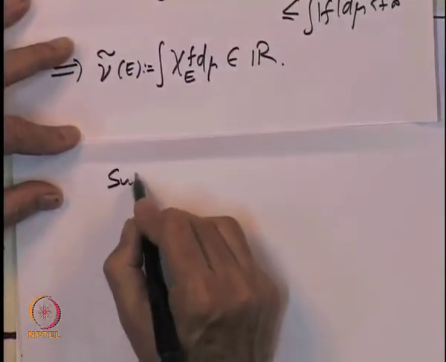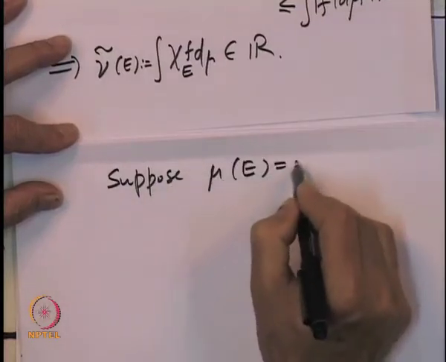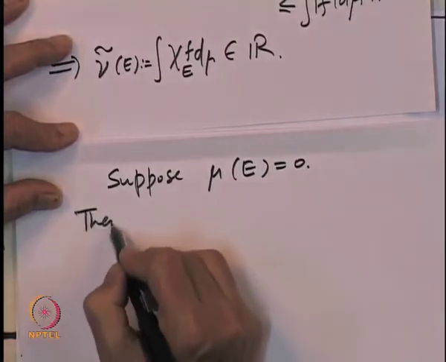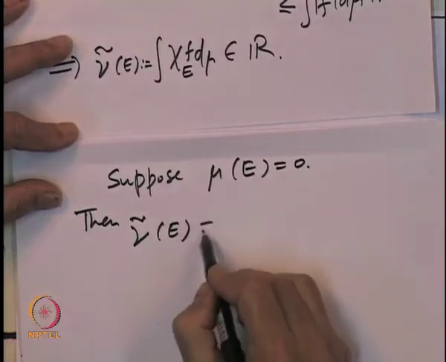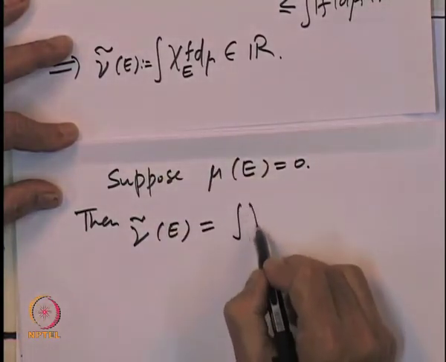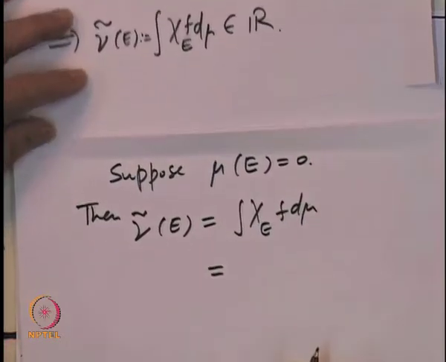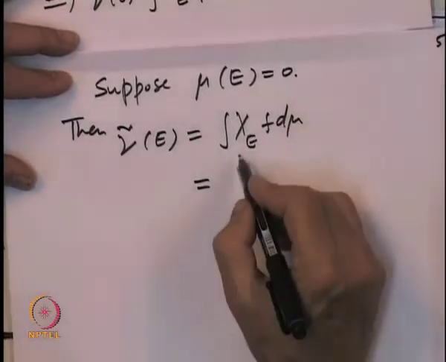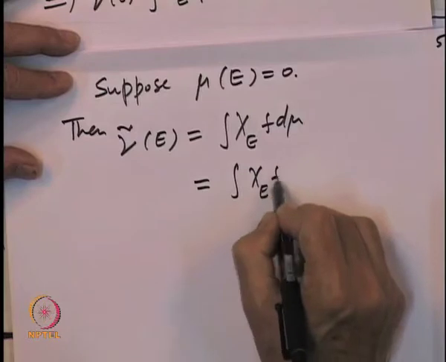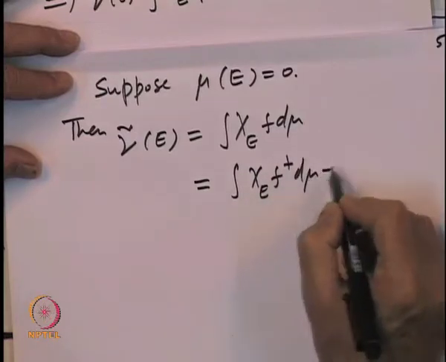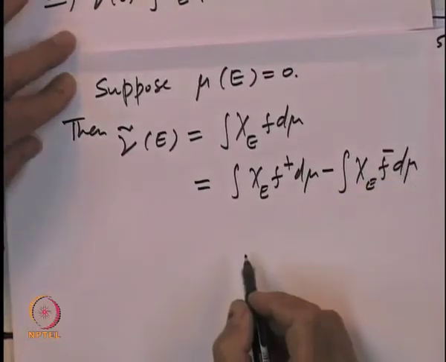So, suppose mu of E is equal to 0, then what is nu tilde of E? Nu tilde of E by definition is the integral of chi E times f d mu, which is the same as the integral of chi E f plus d mu minus the integral of chi E f minus d mu.